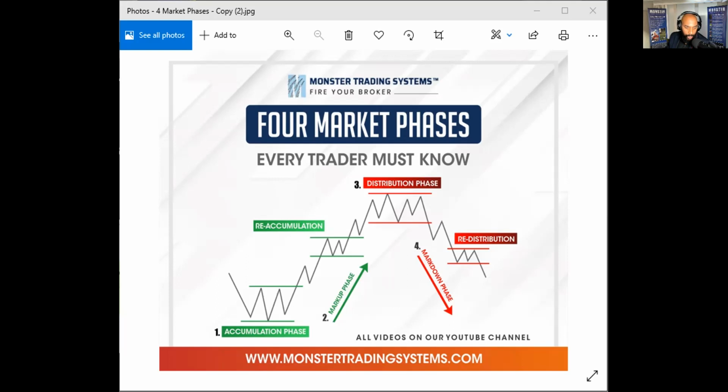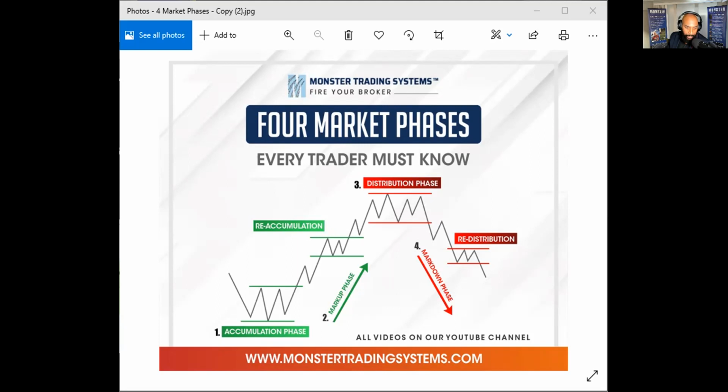What I teach traders to do is buy here, and rather than putting on a big position, just put in a small or regular position here. As the price moves higher into the reaccumulation phase, you can add another position because guess what? There's more buying coming in. Generally, you might get 2 or 3 opportunities to do that before the price hits support, and then you close all your positions.